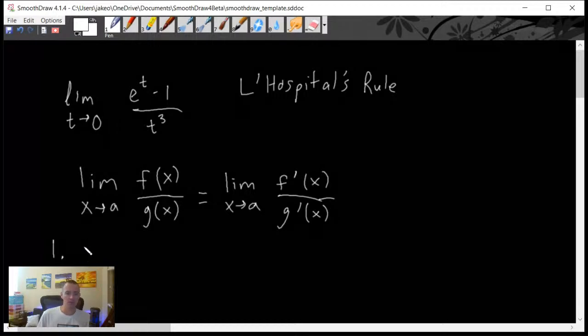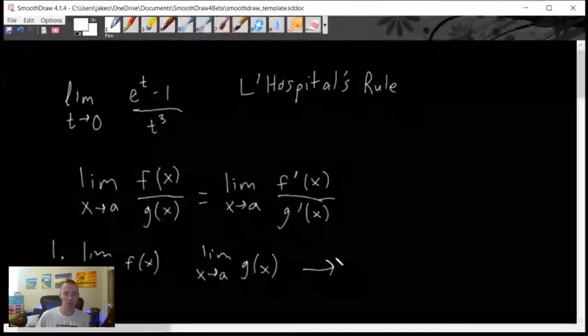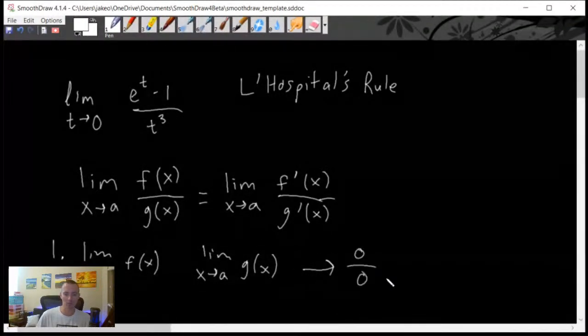The first of those conditions is that we need to make sure that we're getting an indeterminate form by solving this limit. Basically, if you think of each of these limits separately, if you take the limit as x goes to a of f of x, or the limit as x goes to a of g of x, evaluating this limit gives us something in an indeterminate form, which means that we would get 0 over 0 or positive or negative infinity over positive or negative infinity.